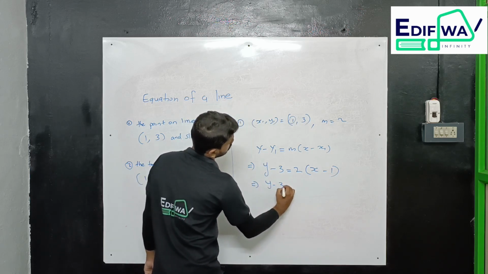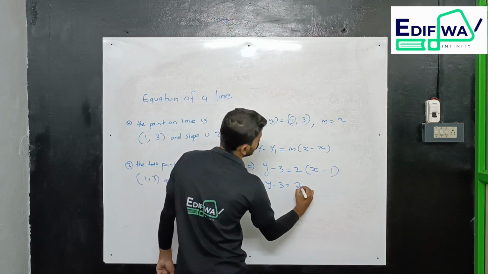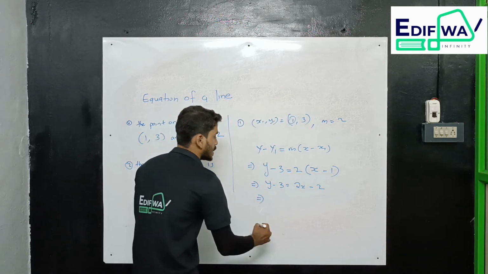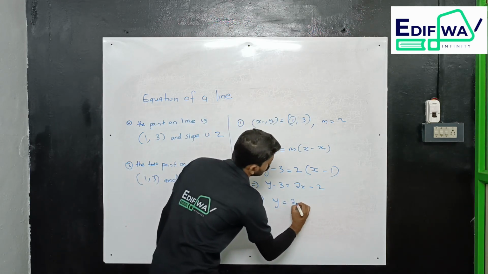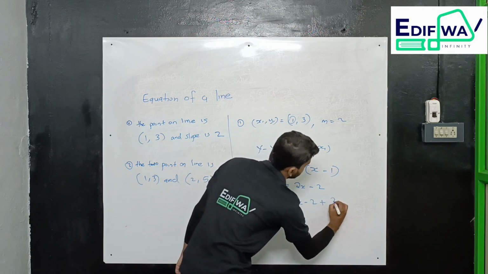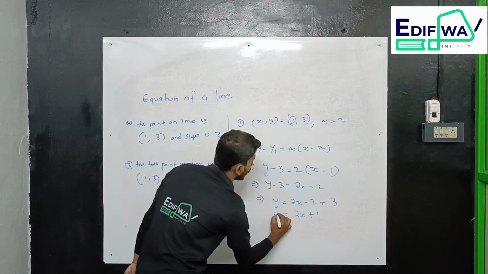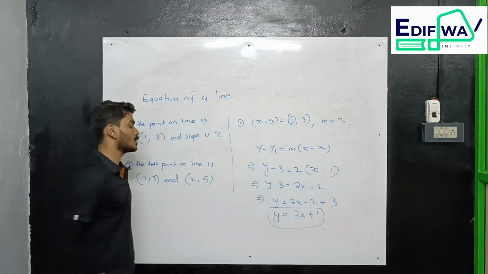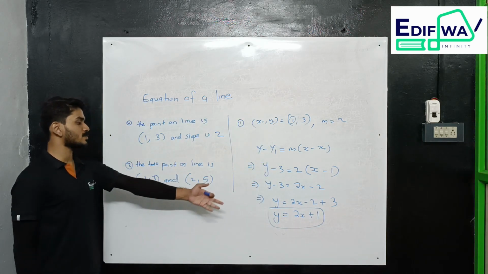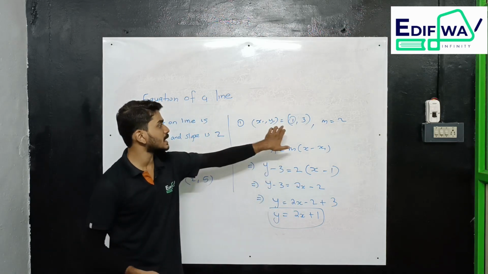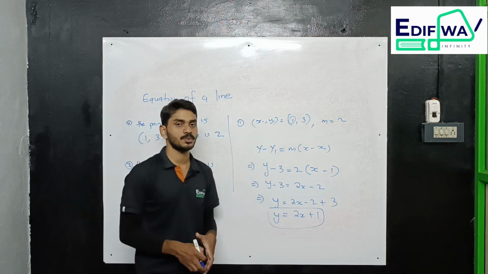So it is y minus 3 is equal to 2x minus 2. Rearranging, y is equal to 2x minus 2 plus 3, so that is y equal to 2x plus 1. That is the equation of this line.